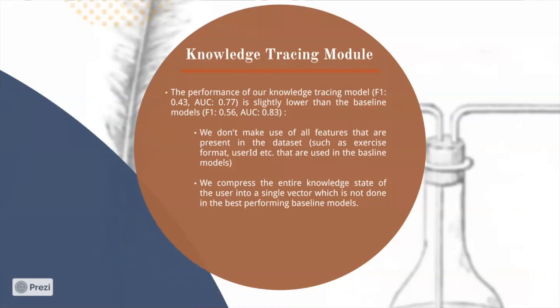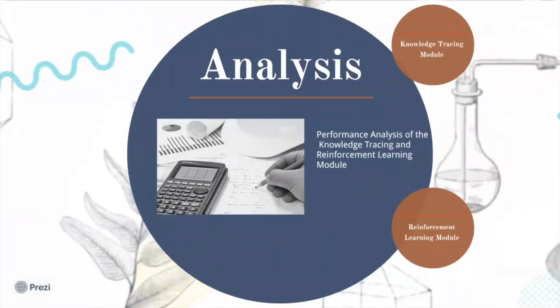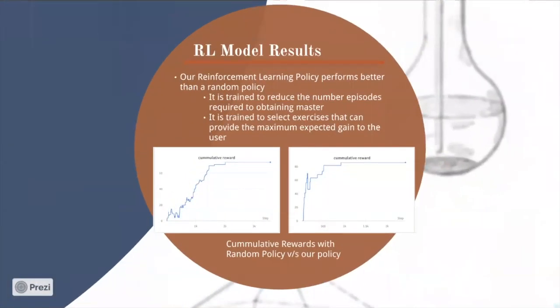This is not done in top performing baseline models. A possible explanation for the improved performance of our RL agent over the random strategy is that the agent comprehends the relationship between the knowledge state and the SentenceBot embeddings generated for each conversation. This understanding enables the RL agent to optimize the selection of conversation, focusing only on those sentences that can best enhance the knowledge state.